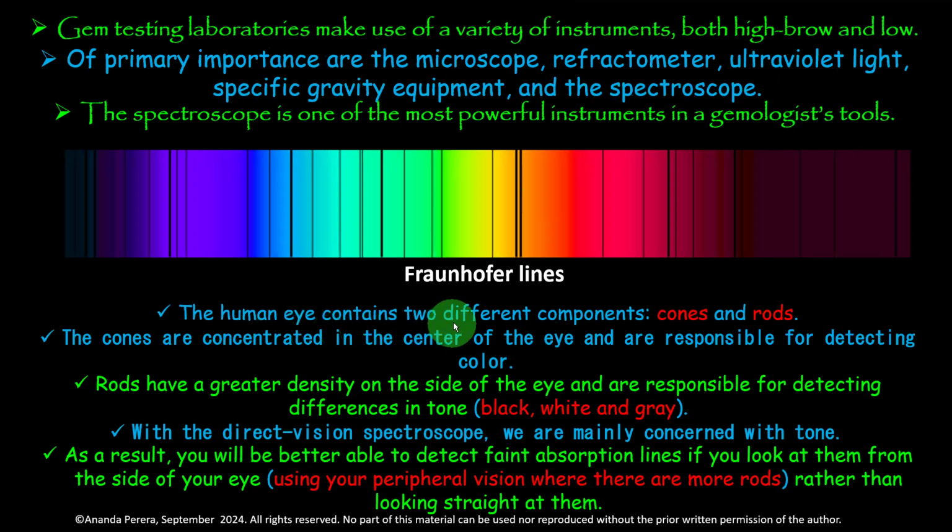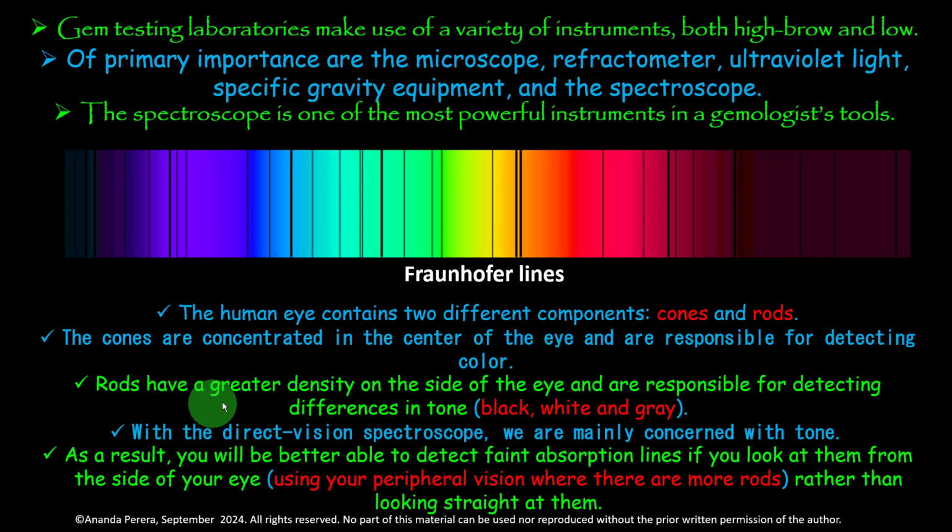The human eye contains 2 different components called cones and rods. The cones are concentrated in the center of the eye and are responsible for detecting color: red, green, and blue.